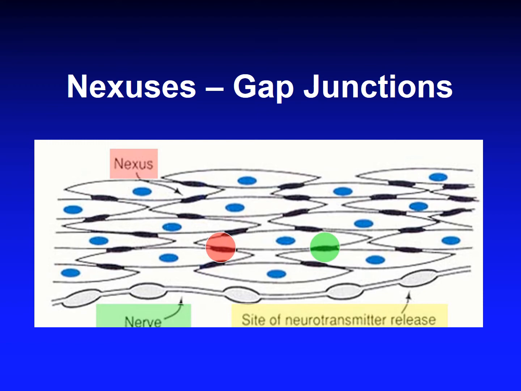On the bottom of the picture, there is an axon of enteric neuron that has varicosities where the neurotransmitter is released, and the smooth muscle cells are connected by gap junctions, also known as nexuses.